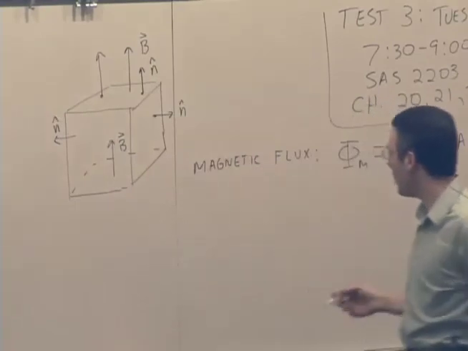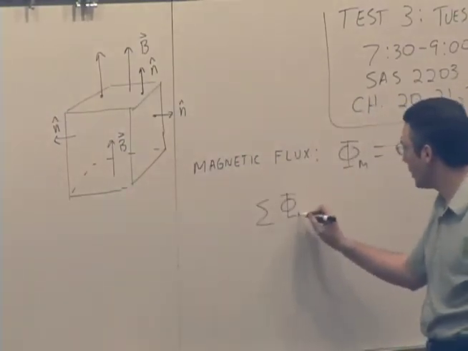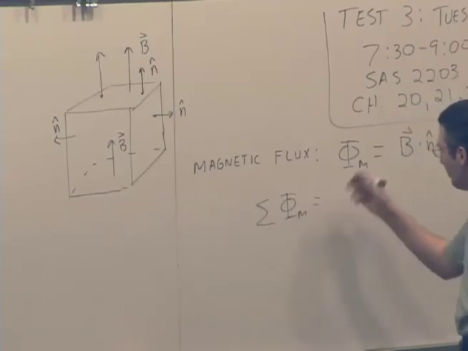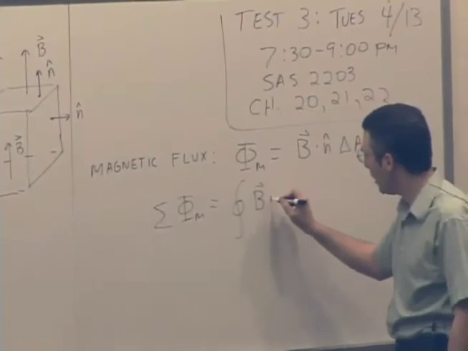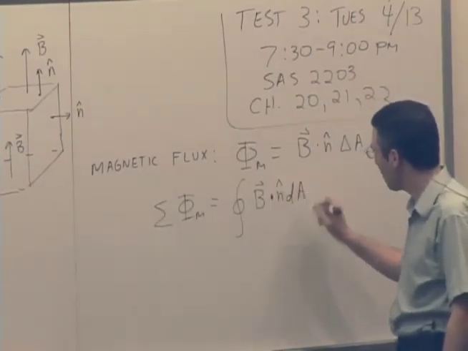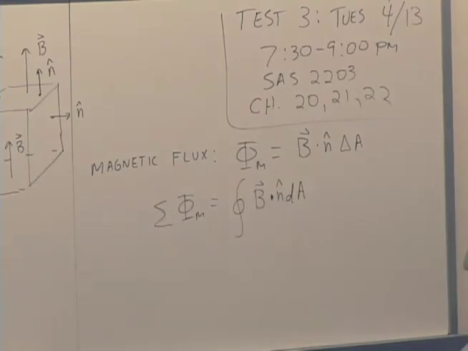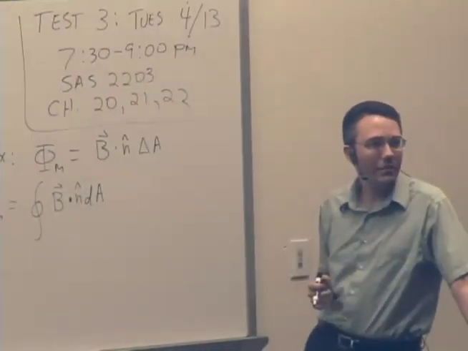And then I can sum up all those B dot n hat dAs, so summing up all the fluxes, or doing a continuous integral, just a summation of B dot n hat dA, would give me what? Does anybody know what the result would have to be?